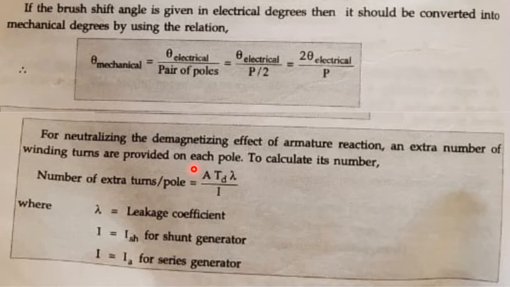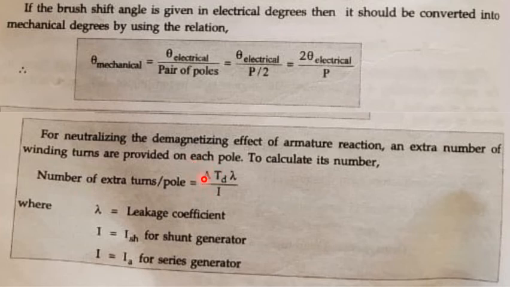That is calculated here. The purpose of using it is the neutralization of the demagnetizing effect. In order to neutralize the demagnetizing effect, we can use this technique, the number of extra turns per pole.